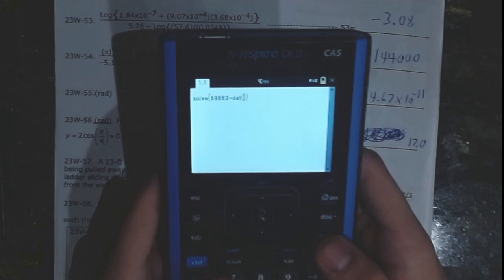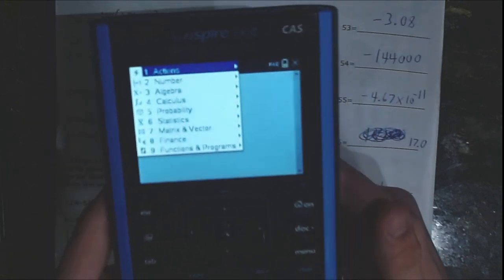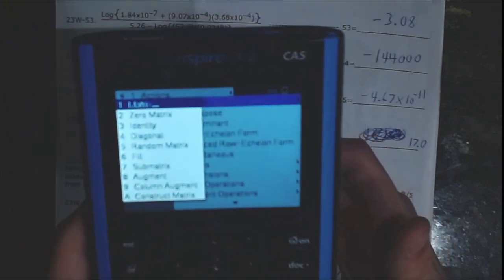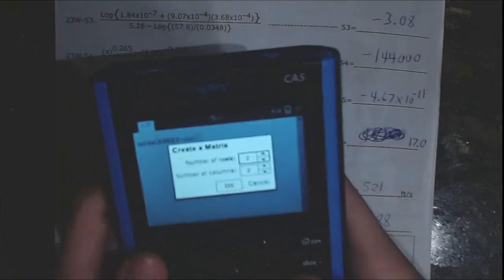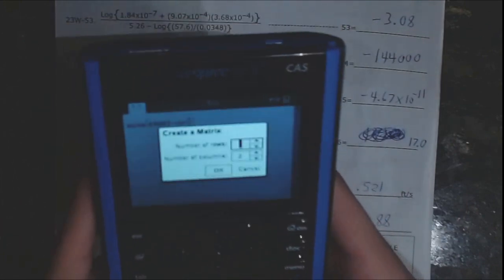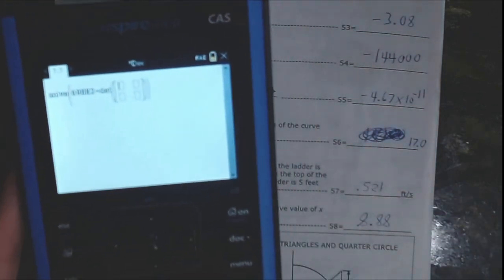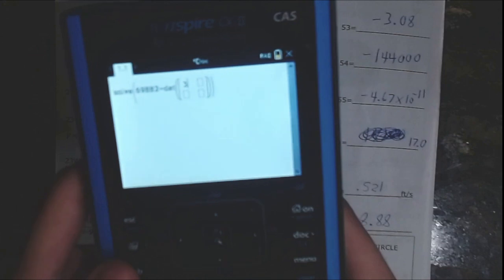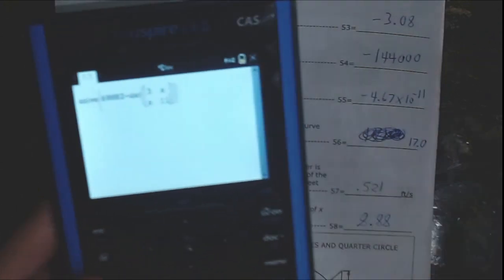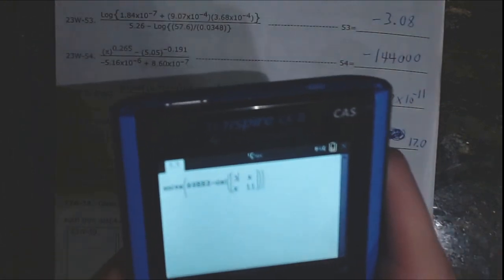So to write a 2x2 matrix, I go to menu 7 again for matrix and vector, create matrix, or just to memorize, menu 711. And it's already set to 2x2, so I'll just click enter. And I type in my values, which were x, 3, x, and 11. I'm not using the arrows to go through each one.